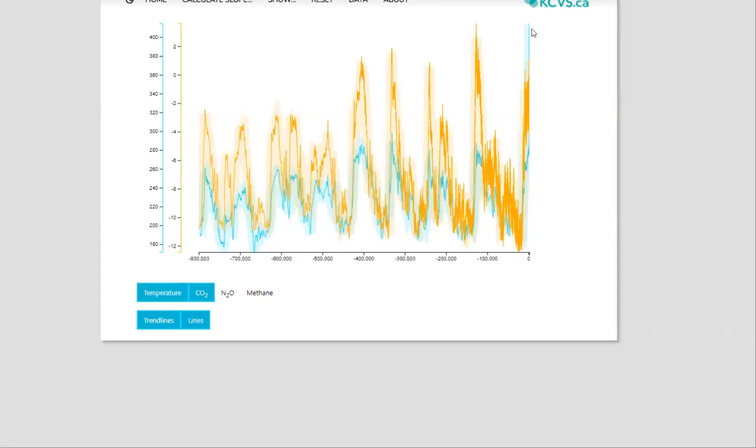Well, we don't know, but they're expecting them to go up. We just don't know how much. And then can organisms, can humans, can plants adapt to these rising temperatures? Well, we don't know.